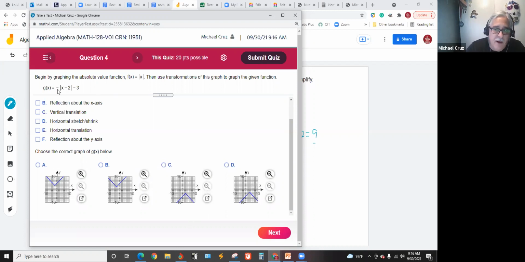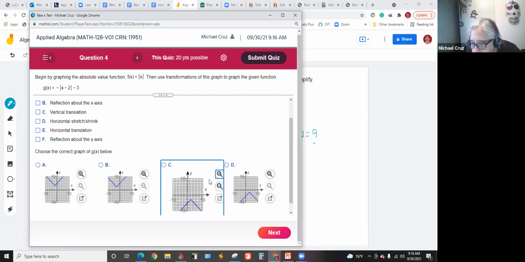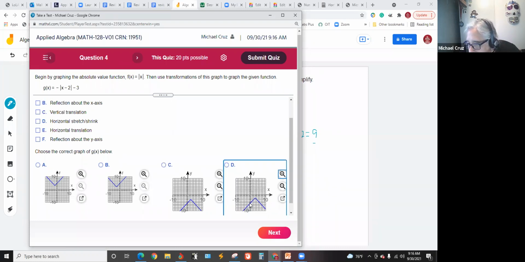But the negative sign here, that's what turns the V upside down. So what's the difference between these two? I don't see any difference. So 1, 2, 3.